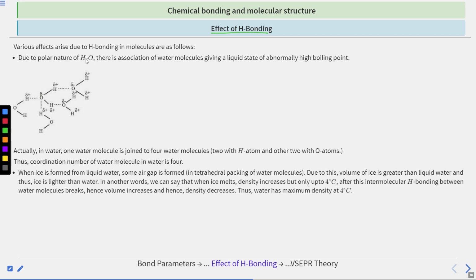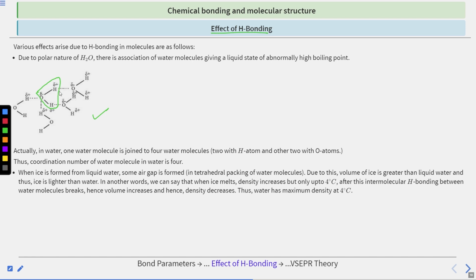Due to the polar nature of water, there is association of water molecules giving a liquid state of abnormally high boiling point. You can see here the structure of a water molecule combining with another water molecule by hydrogen bonding. Actually, in water, one water molecule is joined to four water molecules. Let's take this water molecule.